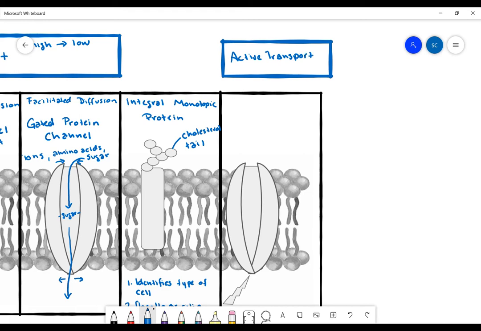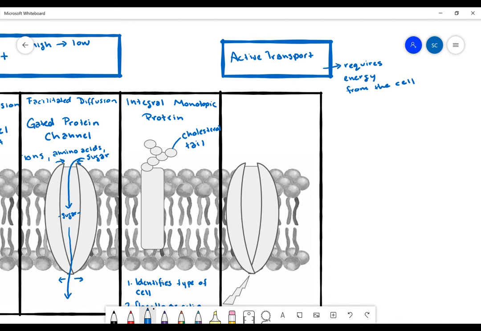Okay, so remember the last types of transport that we talked about being diffusion and facilitated diffusion. Those are both passive transport, so they don't require any energy input from the cell. They just happen through the ions moving along their concentration gradient. Whereas active transport requires energy from the cell in order for that transport to happen.